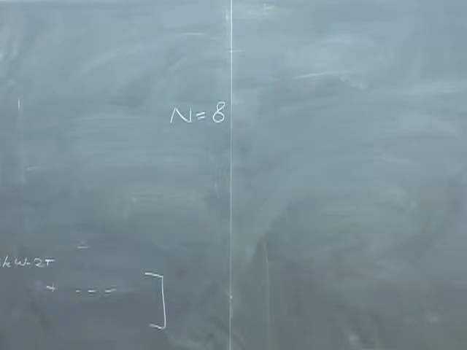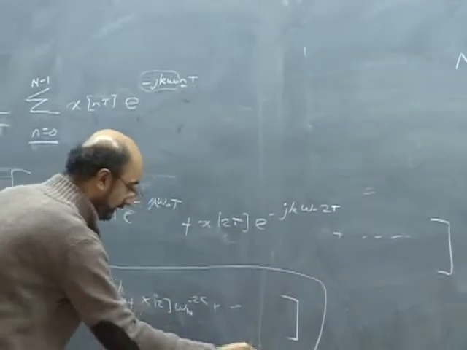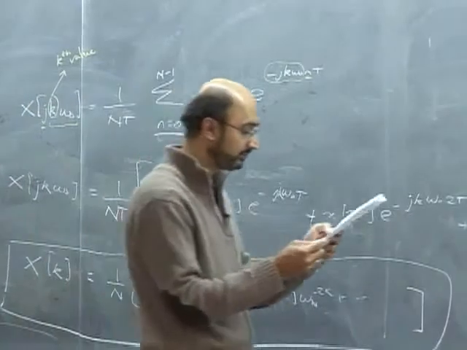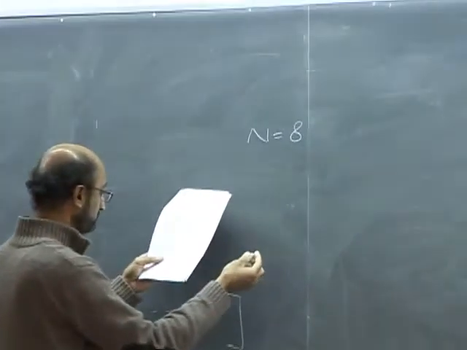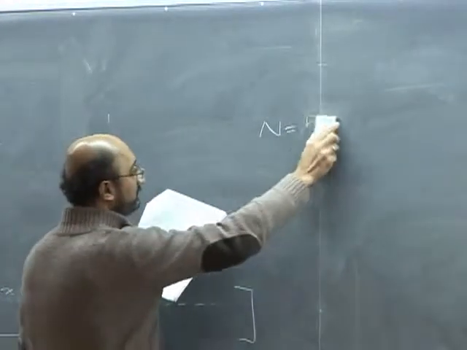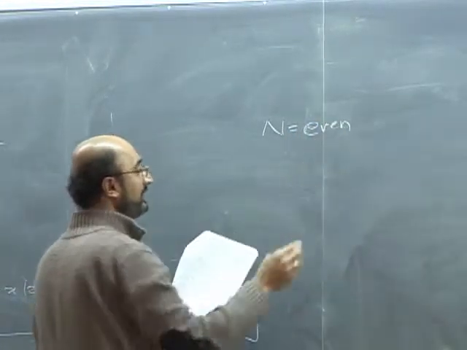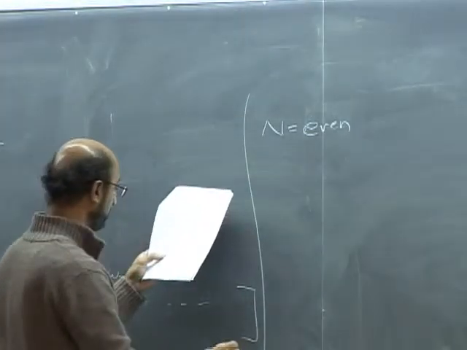Once we do this, we have essentially simplified this expression over here. Okay, so let's do this expression, but we'll assume n is even. Sorry, for right now we don't even need a power of 2, just n even.